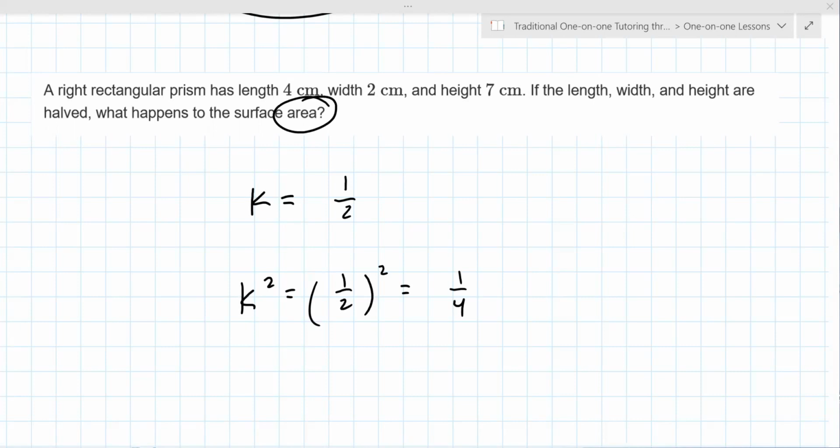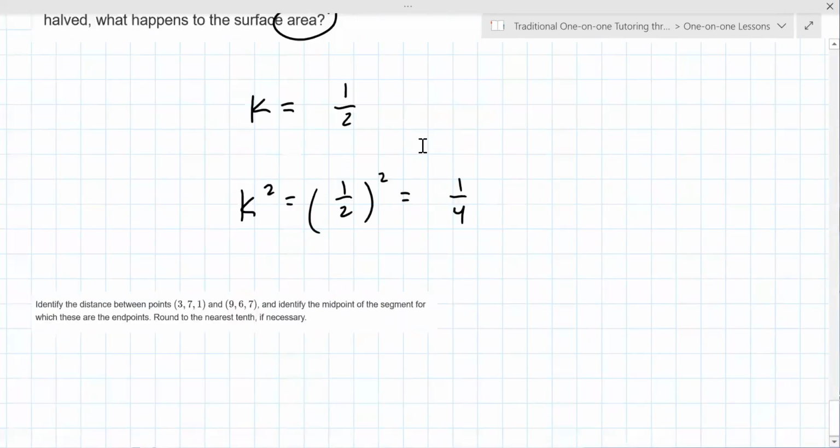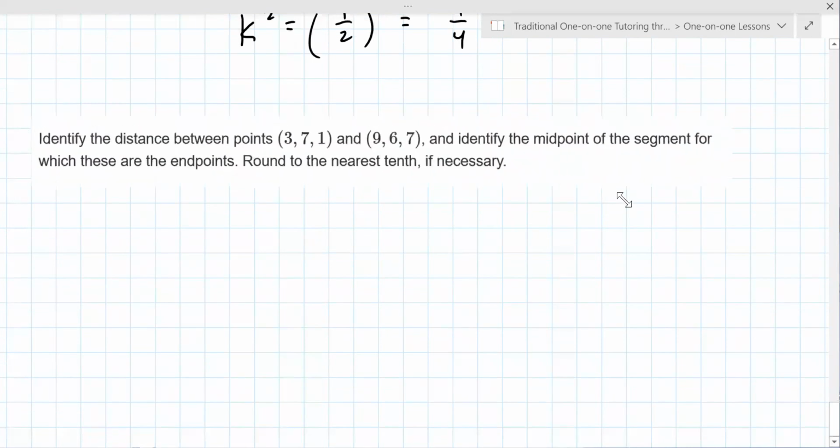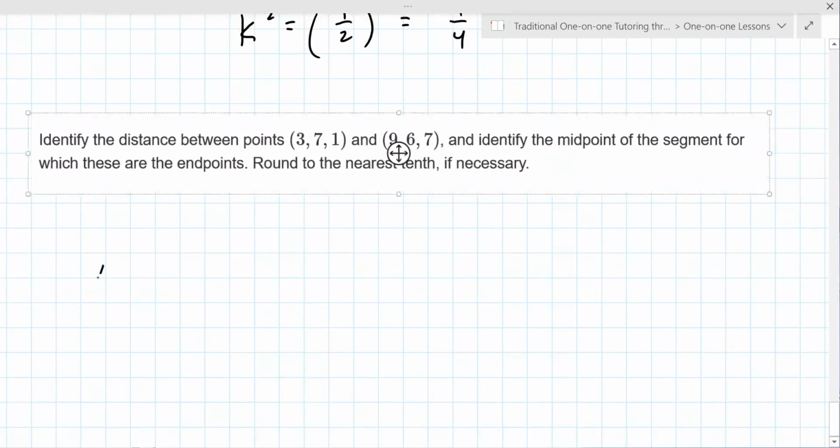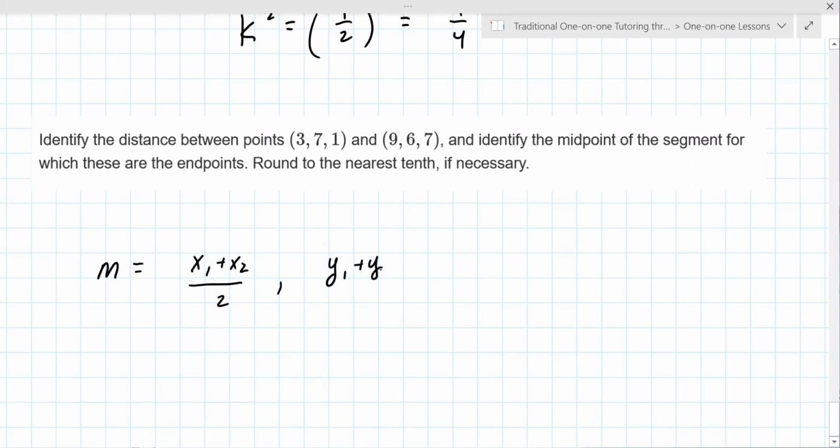All right. So we did these problems. We did I think an entire lesson on distance and midpoint here. So the midpoint is the first thing you want to find. The midpoint is x1 plus x2 divided by 2. It's always the average. y1 plus y2 divided by 2. z1 plus z2 divided by 2.